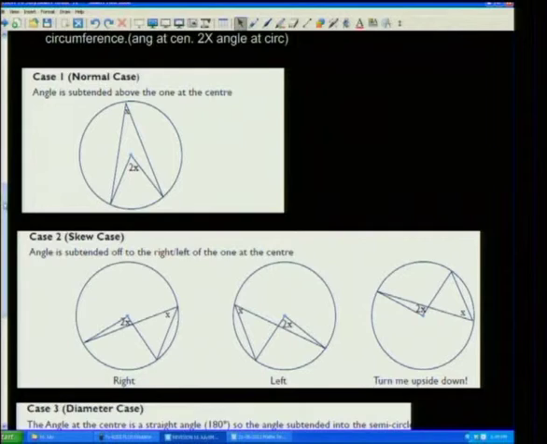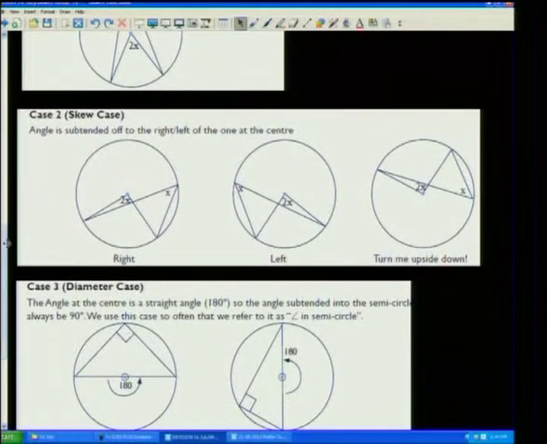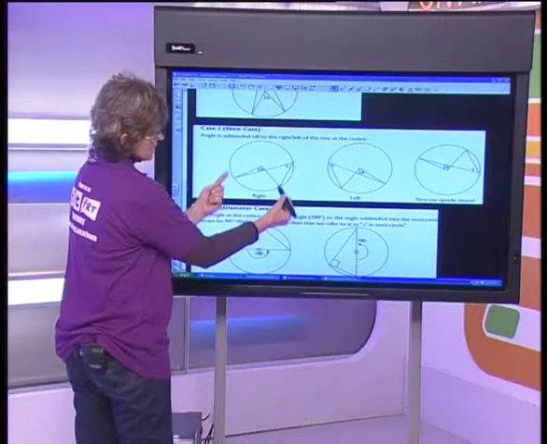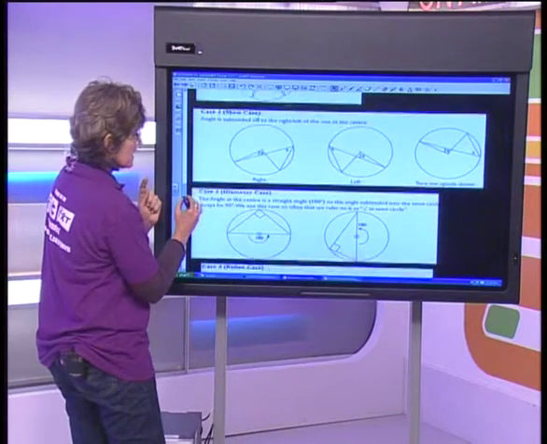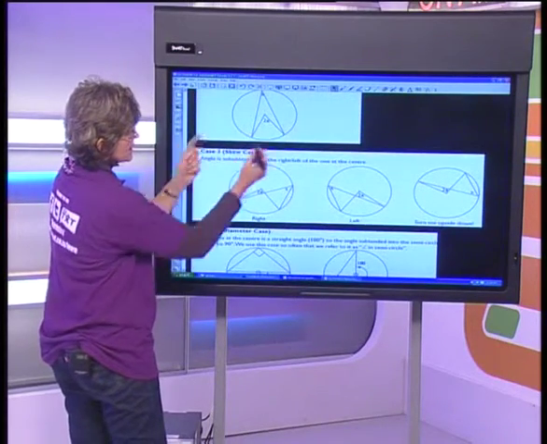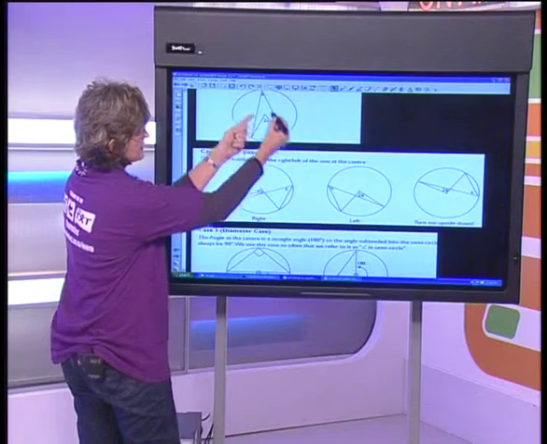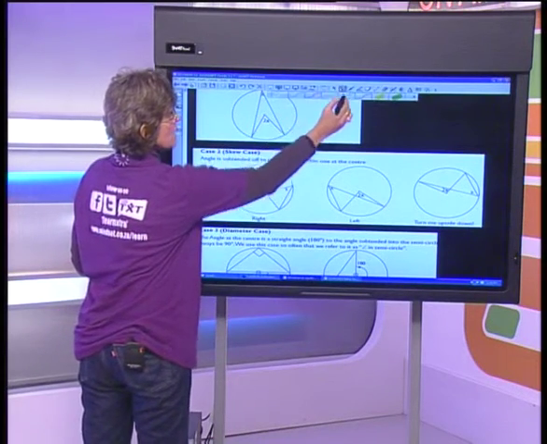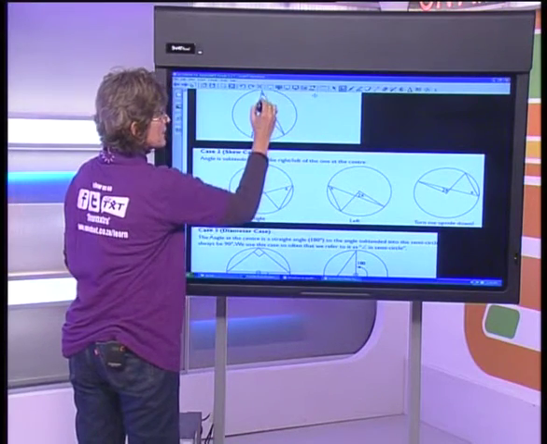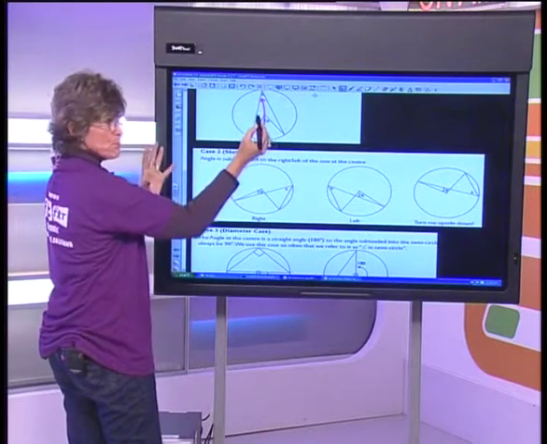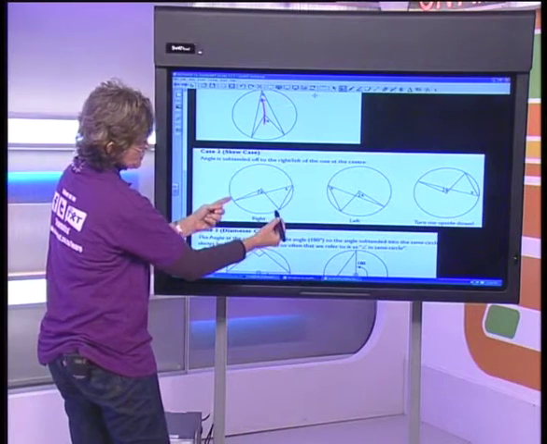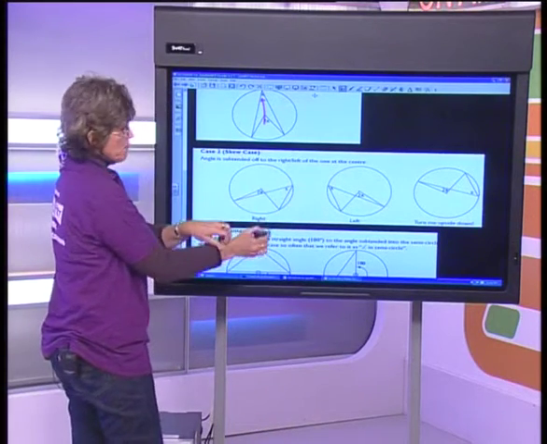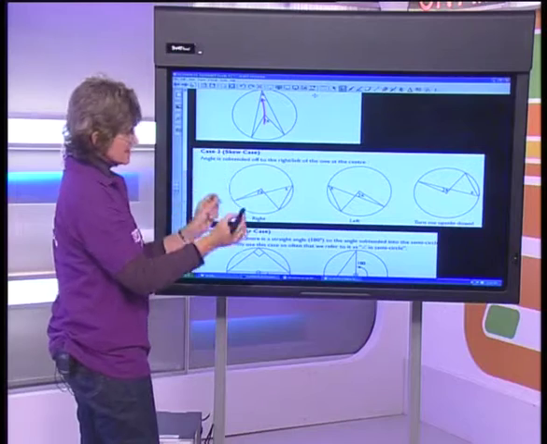Now that's the picture that he presented to you. But if we have a look at these next cases, can you see that once again we've got an angle subtended to the center, but now just a little bit different. Here the one to the circumference was directly above it, and that's how we prove it. If this is 2x, that one's x. But here, this one is going off to the side, but the theorem is still exactly the same.